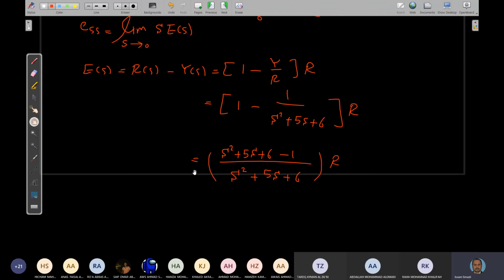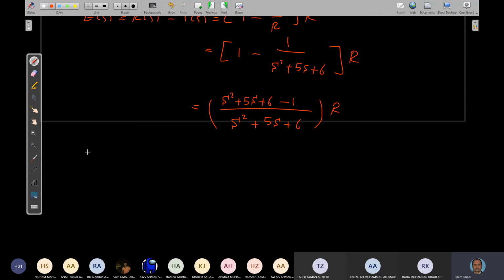So in the end of the day, e of s equals s squared plus 5s plus 5 over s squared plus 5s plus 6, and let's substitute the input, which is 1 over s.